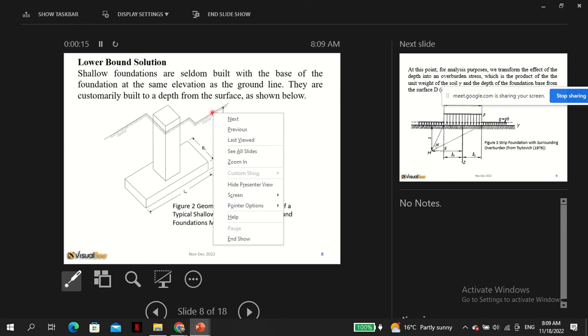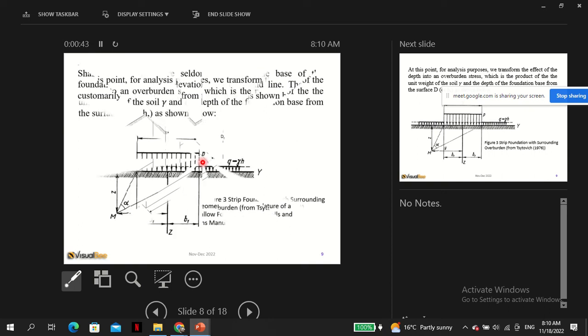So we rarely put the foundation on the ground level. That's the point, it's very rare. Of course, the foundations have to be at least sunk to some depth into the ground, because the overburden also adds to the overburden stress from the surcharge, which is useful.